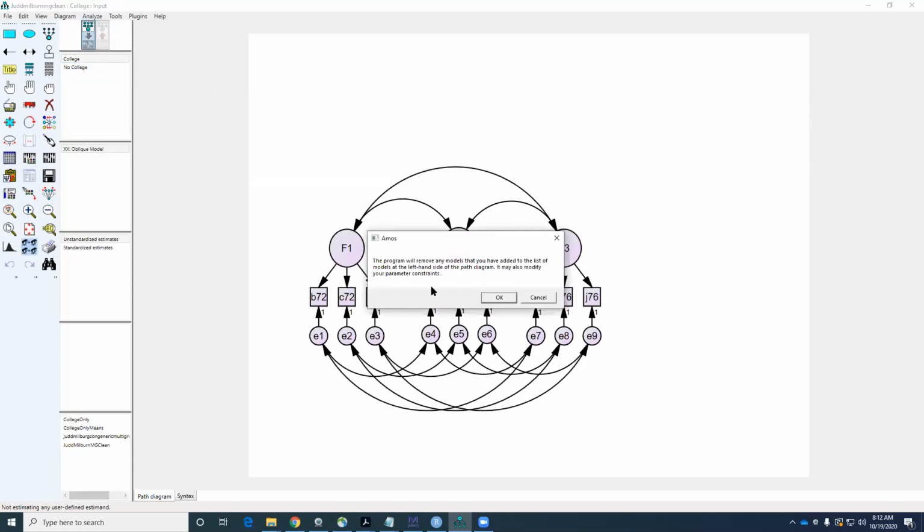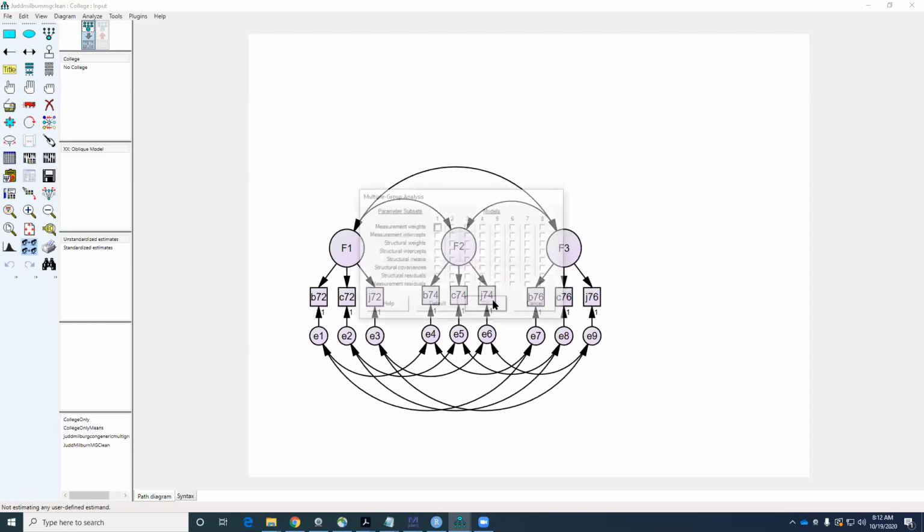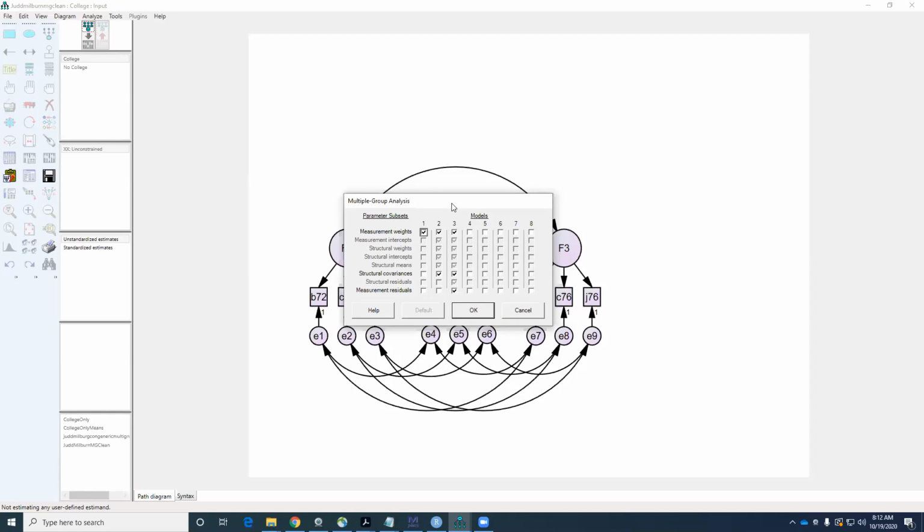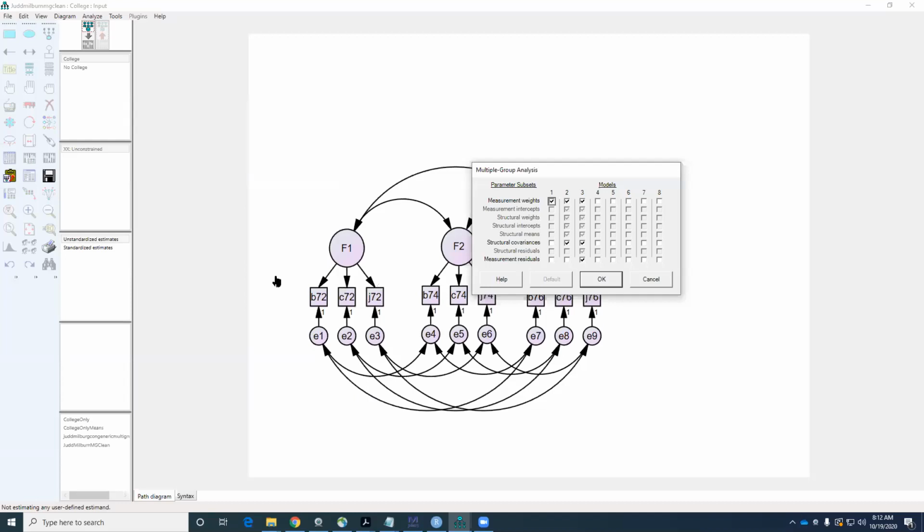And it gives you a warning, and it says, this is going to write over your diagram that you have. Are you sure you want to have that? And you say, okay. At which point it then says, how do you want to set up your multiple group comparisons? And in this model, I don't have any means or intercepts in the model.